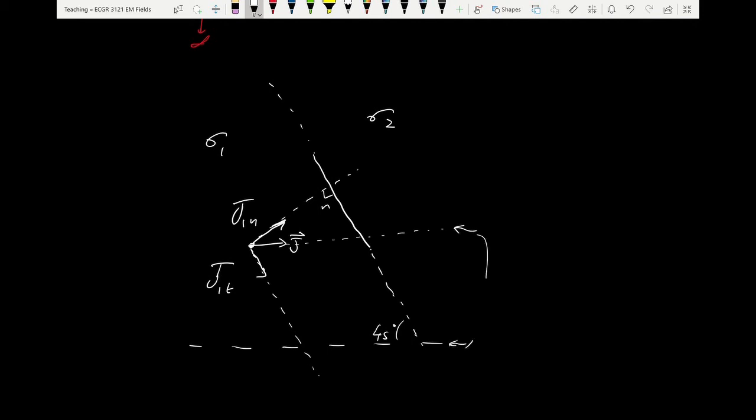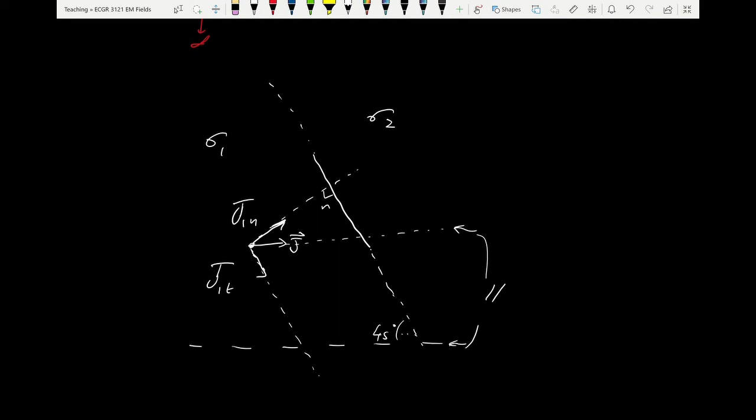Those two are parallel, right? So I can use the parallel theorem. What this tells me is that this angle should be equal to this angle, right? Why is that? Well, how can I show that this angle is equal to this angle, which should be 45 degrees.